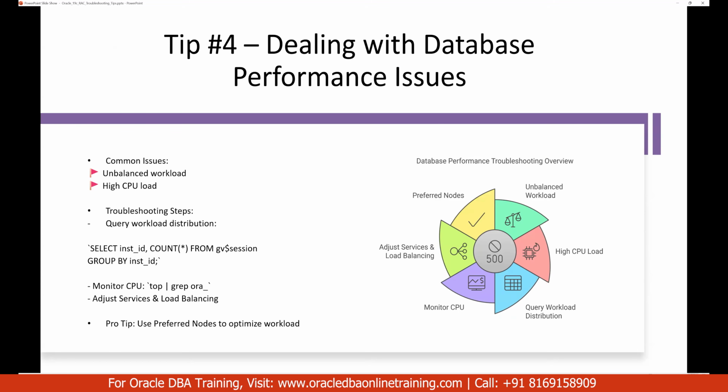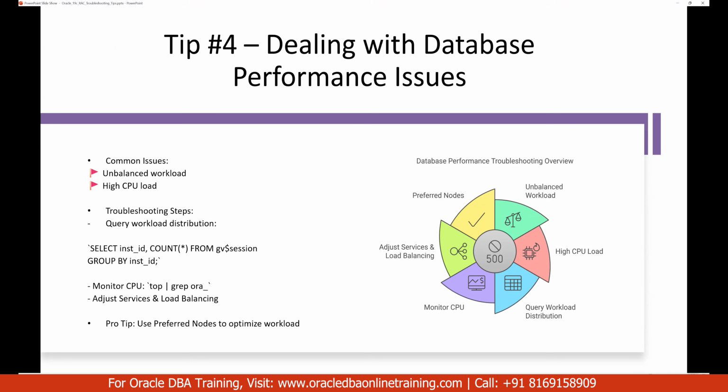Now, the fourth point is with respect to database performance. So far, whatever we have talked about is related to either hardware failure, infrastructure level problems, or network level problems. Now, database performance can also impact the Real Application Cluster behavior.